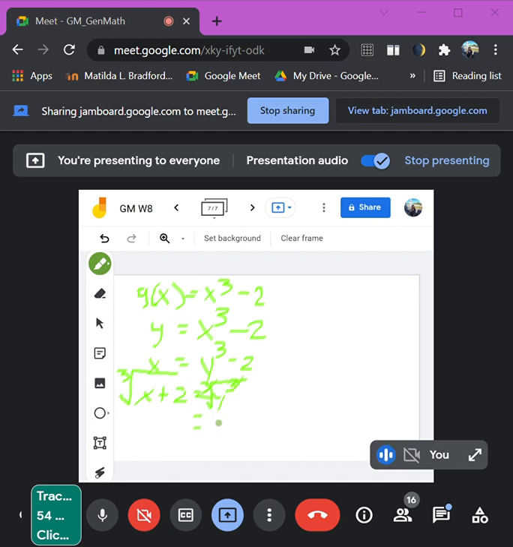So, you will have there, y is equals to cube root of x plus 2. Okay, so if we're going to write that one for your final answer, you will have inverse of g of x is equivalent to cube root of x plus 2. So that is now your final answer.